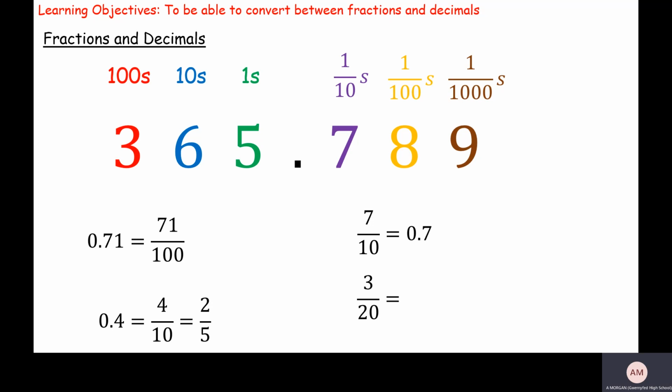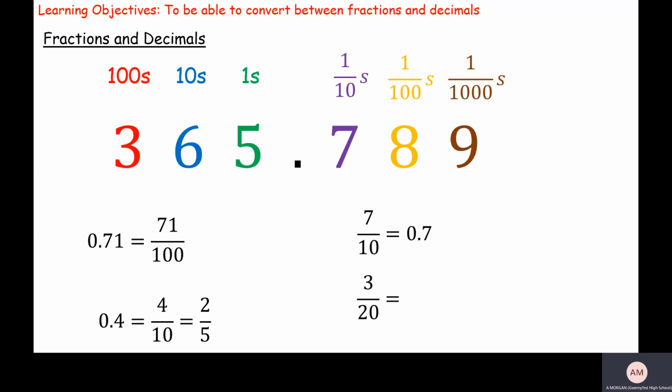Now we can't convert it into something over 10 because that would require halving the 20, and we can't halve the 3 and get a whole number. But what we can do is build it up to over 100. So if we multiply the 20 by 5, it becomes 100.